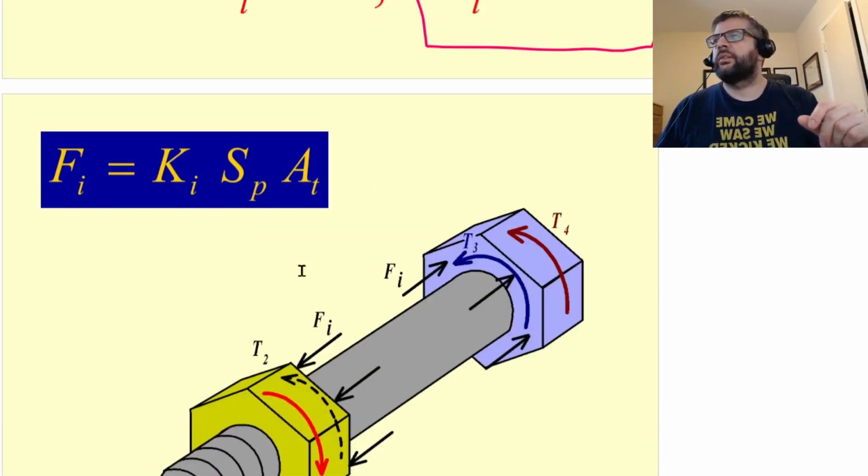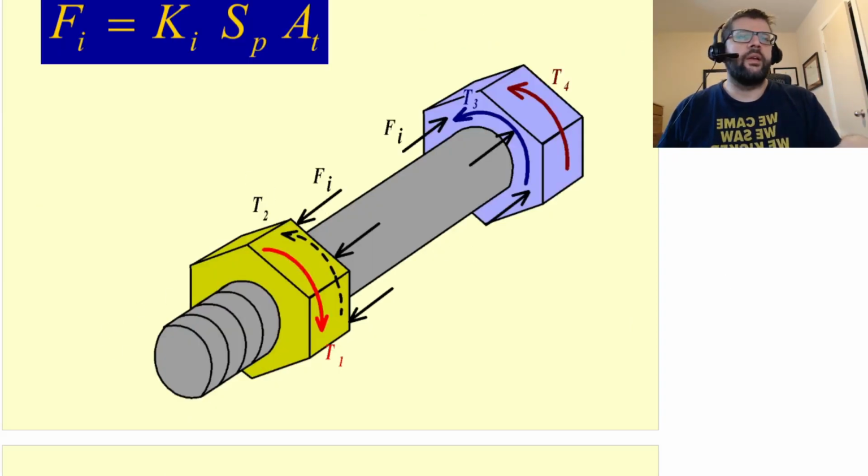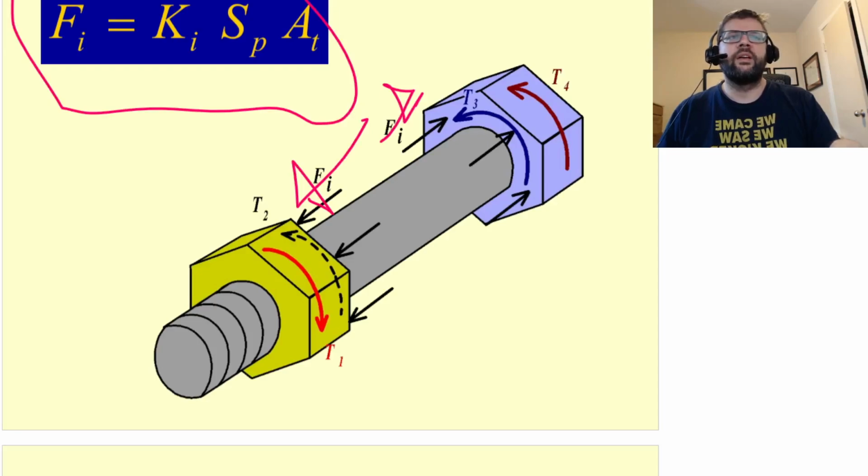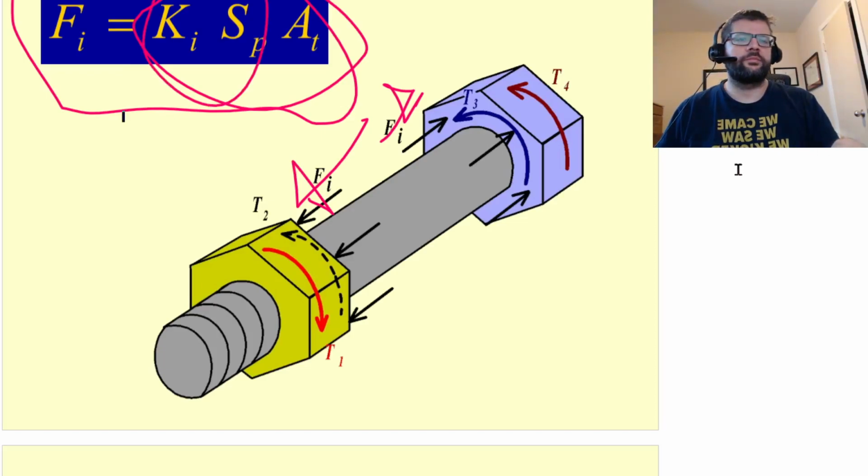So you're going to need to tighten up either side to allow for that initial tightening, that Fi, that corresponds to that particular portion of the proof strength.